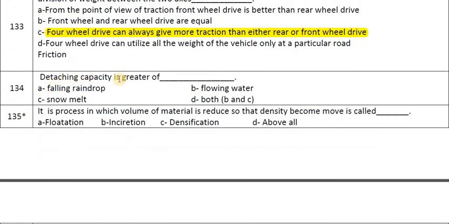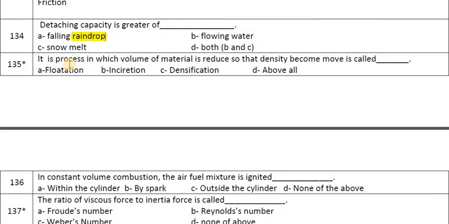Detaching capacity is greater for falling raindrop. It is a process in which volume of material is reduced so that density becomes more, called densification.